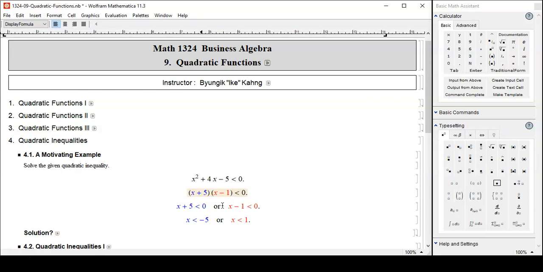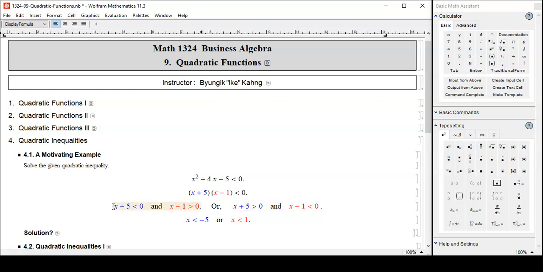If blue is less than 0, then red has to be greater than 0, or you get something like this: blue is greater than 0 and red is less than 0, so that you get 2 opposite signs.